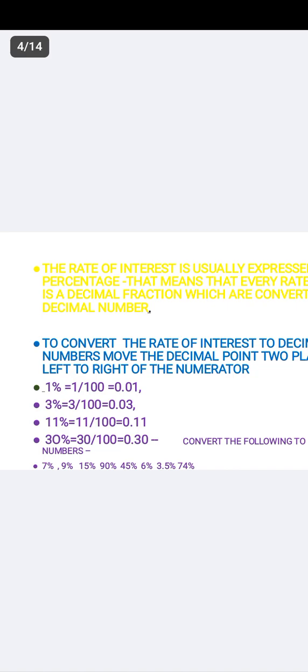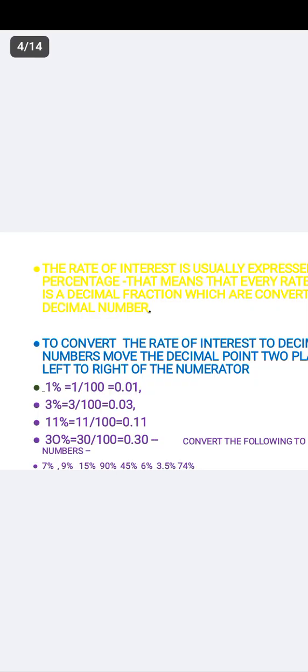we are going to throw more light on the rates. The rate in simple interest is usually expressed in percentage. That means, say, at the rate of 1%, 2%, 3%, 5%, 50%, 90%, and so on.